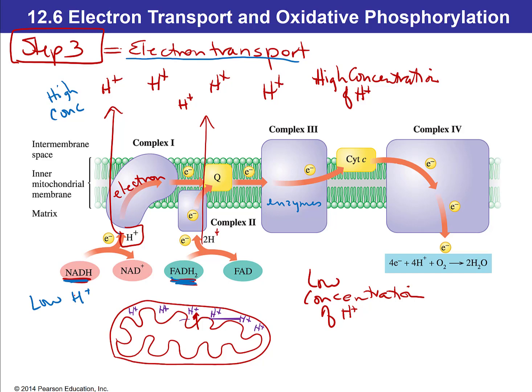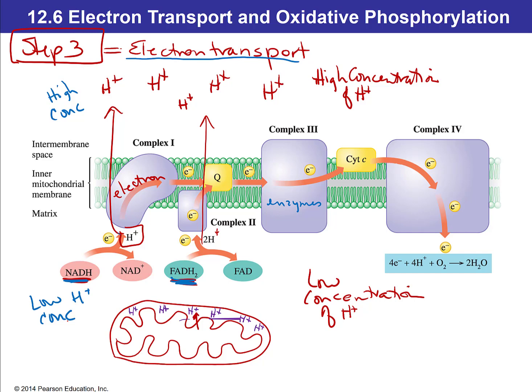So is that the normal way of things, to have high concentration, low concentration? What do they want to do? They want to go back to being equal. That's the natural drive, for things to always go from high to low. So this is called active transport, because it is specifically moving things from where they're at low concentration to where they're at high concentration.